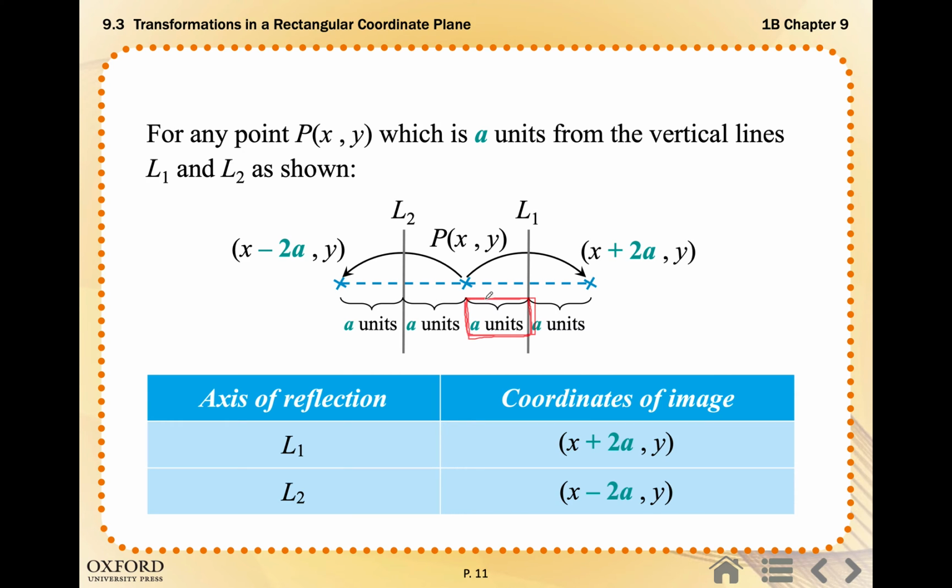And the important thing is that you should know the distance between the point P and the line, I mean the vertical line or the horizontal line. That means the important thing is how to calculate A. What is the distance between the point and the line? Then you can find the coordinates of the image easily.